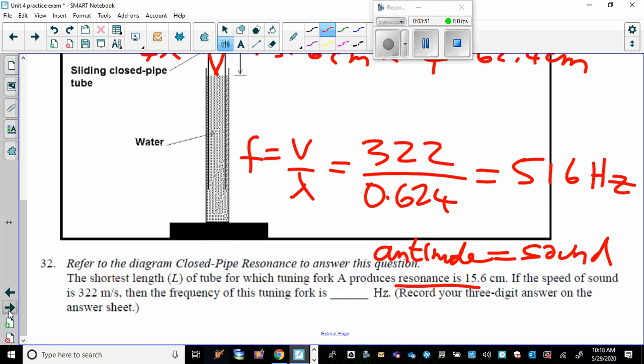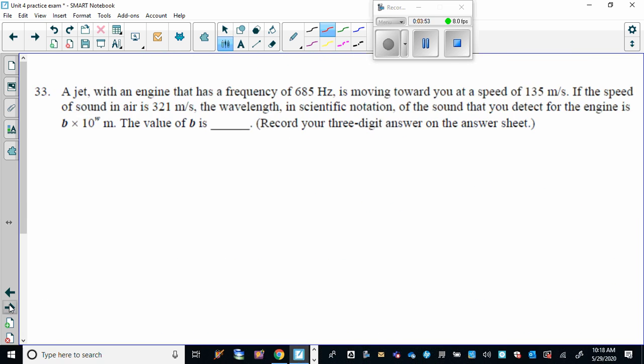All right, and the last question of the practice test looks like it's a Doppler effect question. A jet with a frequency of 685 hertz is moving toward you at that speed. The speed of sound in air is 321. The wavelength, that's a little wrinkle there.